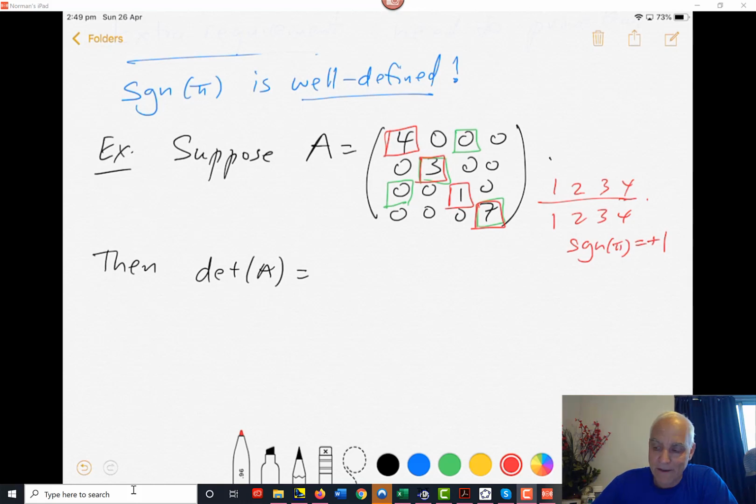It is already the identity. And so the determinant of A in this case reduces to a single term, A11 times A22 times A33 times A44. All the other 23 terms, because there are 4 factorial terms altogether in a 4x4 in general, will be 0. And in this case, we're just getting the product of the diagonal elements: 4 times 3 times 1 times 7.